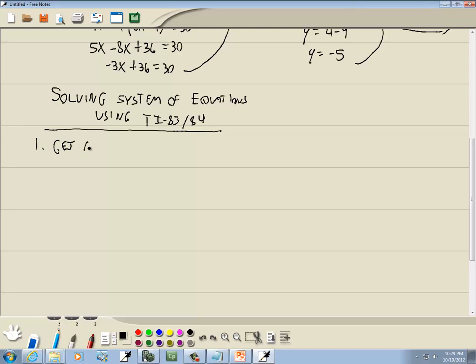First step, get all the terms with x's and y's on the left side, numbers on the right side.